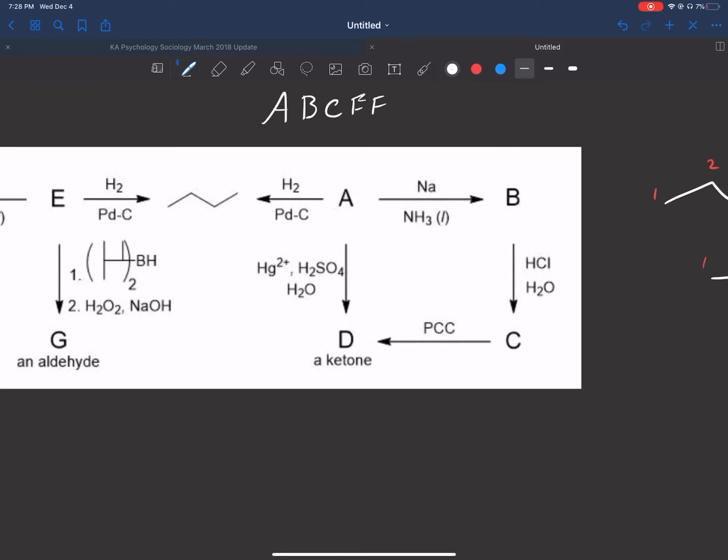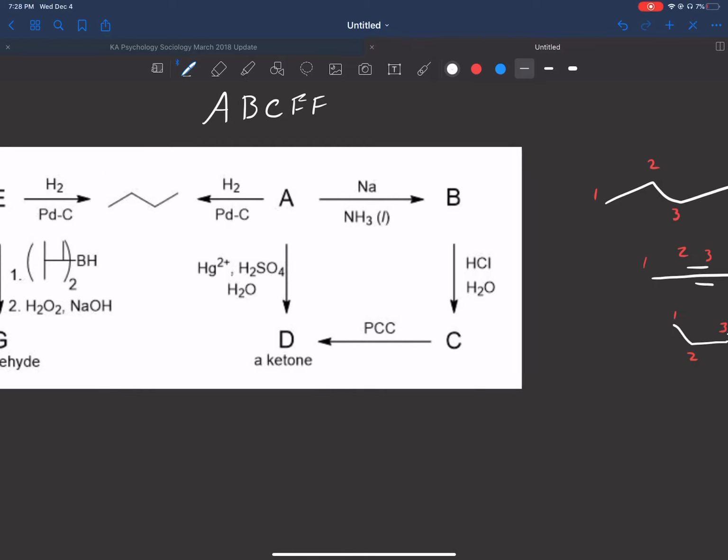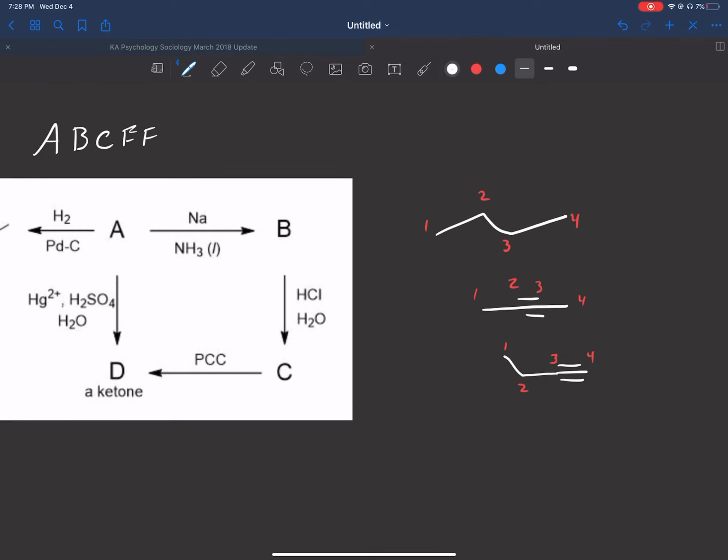So how do we decide which is A and which is E? Well, let's look at the oxymercuration part. It's going to give us a ketone, and this reaction works on the more substituted carbon of the triple bond. So if we did the oxymercuration on this one, we can get the ketone on carbon 2 or 3.